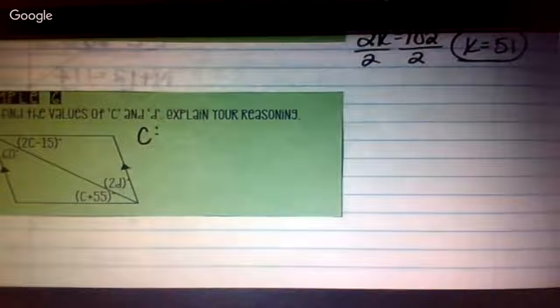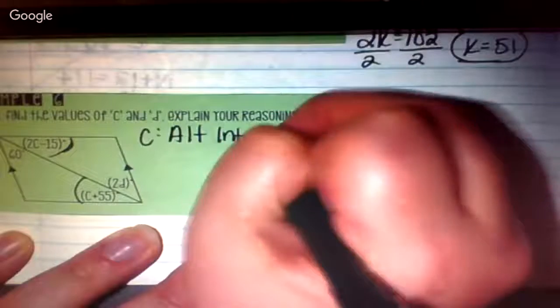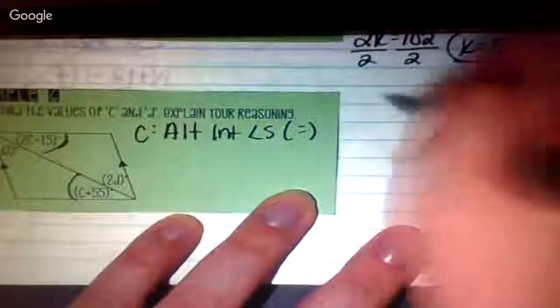C. Alternate interior. One is on this side of the transversal, one is on this side. They're inside the parallel lines. So these are alternate interior angles, which means they're equal to each other.